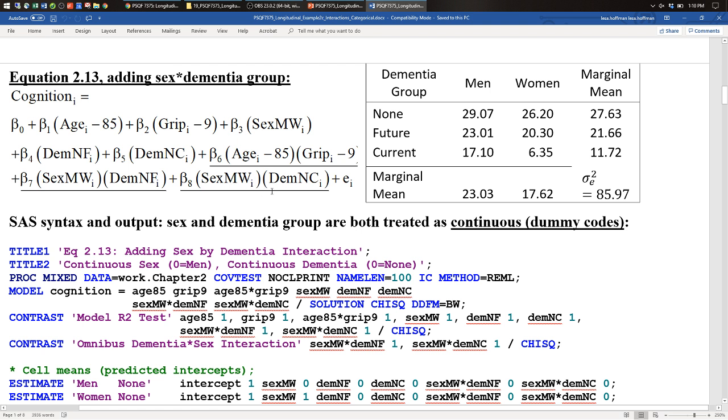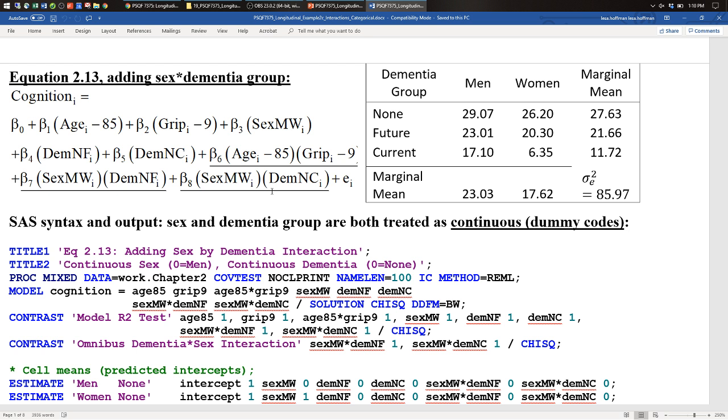This is the version of the model in which I am doing the coding myself. I am treating everything as continuous because I have manually created dummy codes. Just to remind you of the coding scheme here: gender, men are 0, women are 1. I have two variables that differentiate my 3 dementia groups. N stands for none, that's my reference.